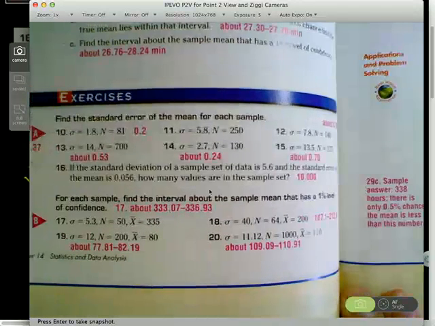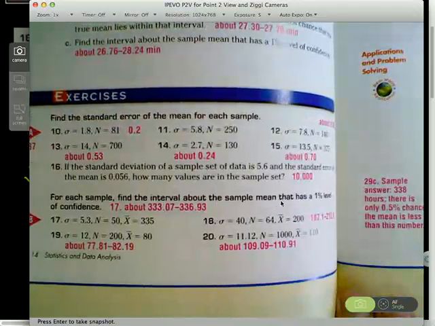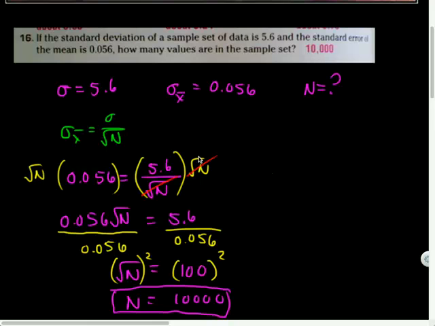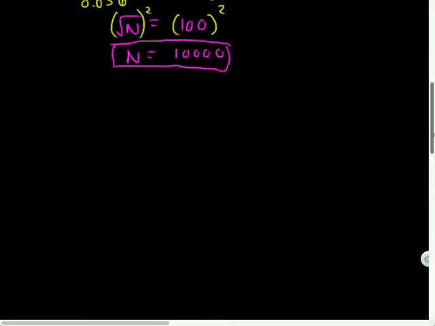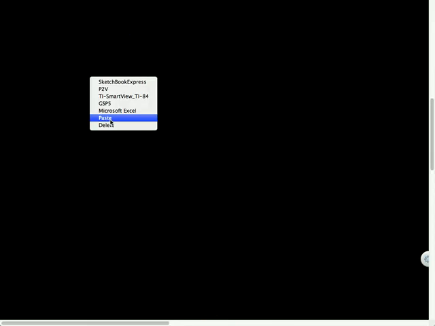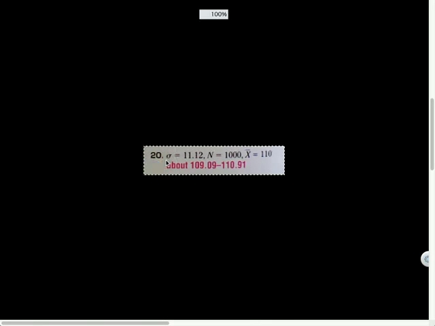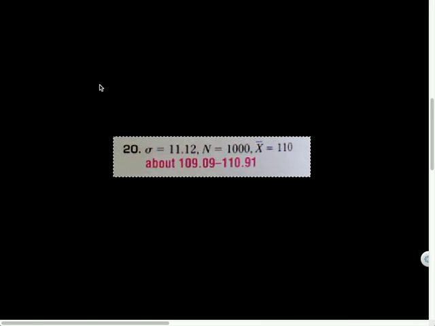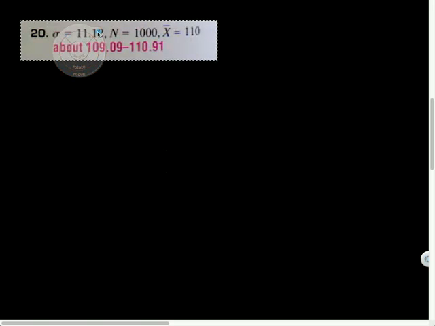And we're looking for an interval about the sample mean that has a 99% level of confidence. LOC. So let's label what we know.